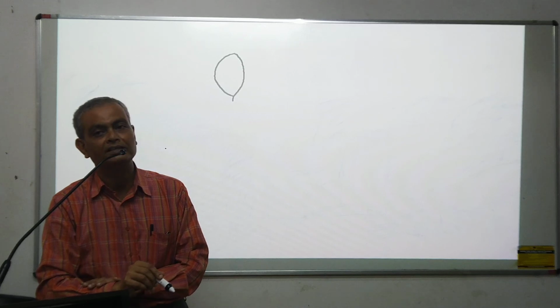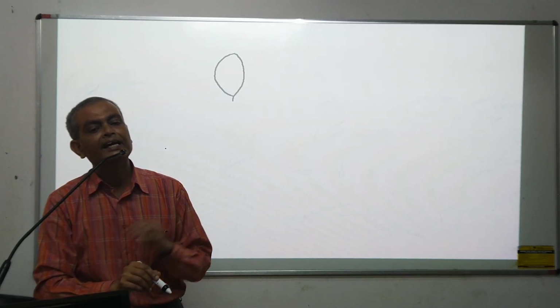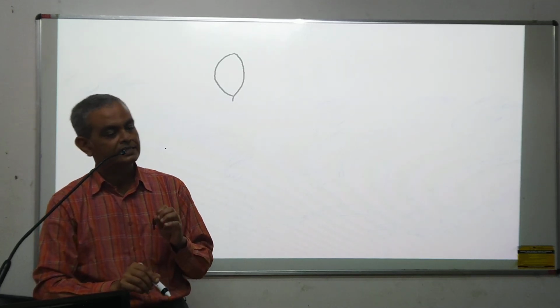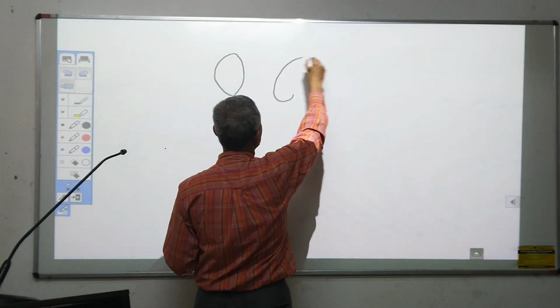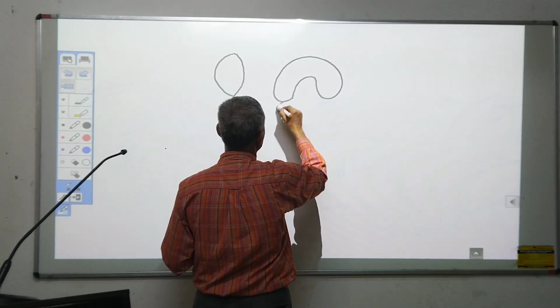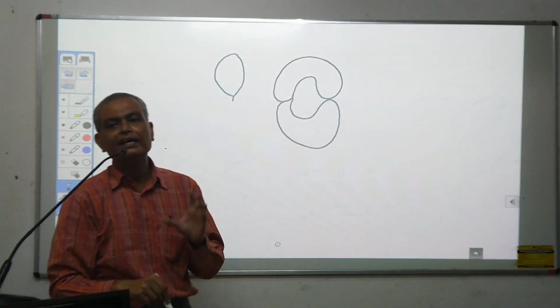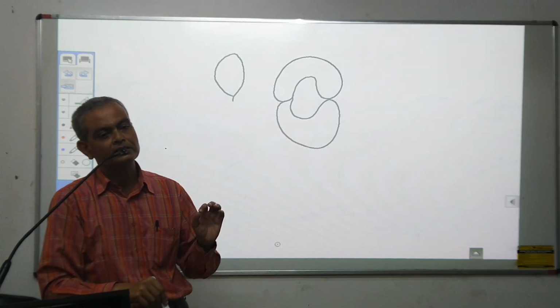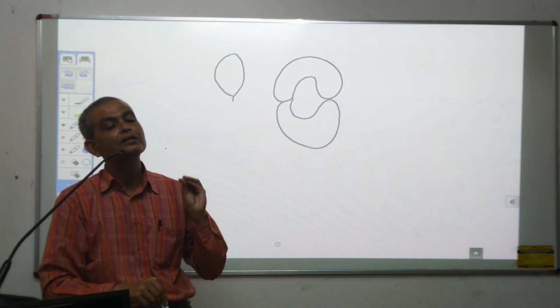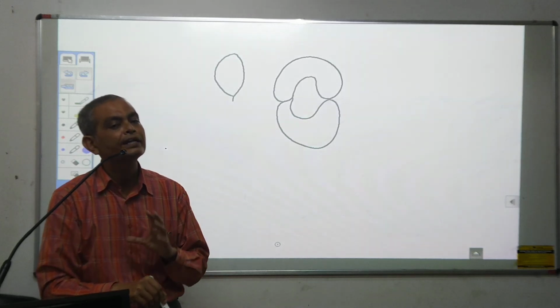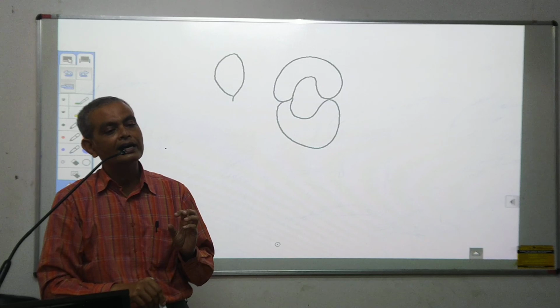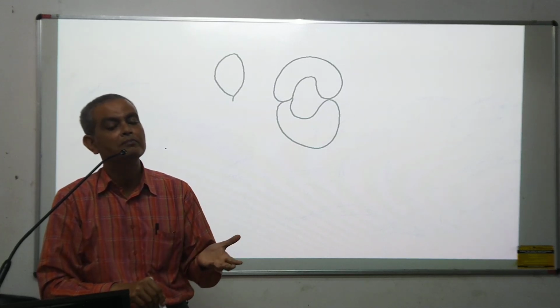You may not remember these things. Then there can also be stomatocytes. They look like lips, stomatocytes. So they also occur as a result of severe anemia. So different poikilocytic changes can occur. Anisocytosis and poikilocytosis will be much more.